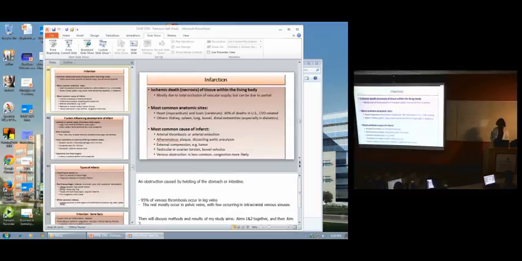So infarction. What does infarction mean? By now you should be able to differentiate between what edema is, what congestion is, what hyperemia is, what hemorrhage is, the different types of hemorrhage that you can have. So how is exsanguination different from an infarction?